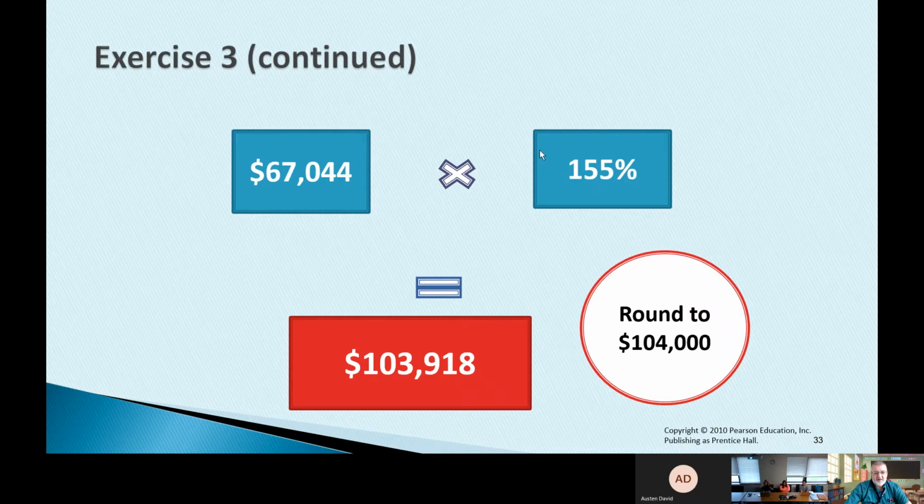You guys following with me there on how to get that percentage? They want their cost plus 55%, so if you take this number times 1.55, that's going to give you your markup rate. It's going to come to $103,900, or we would probably round it off and charge that company $104,000.